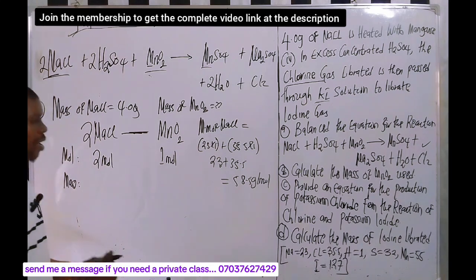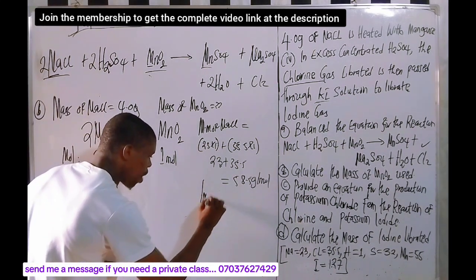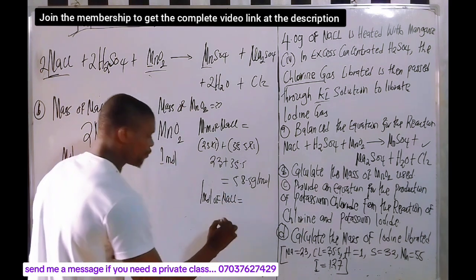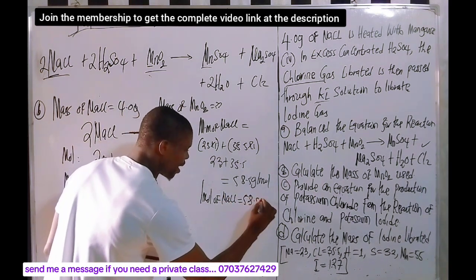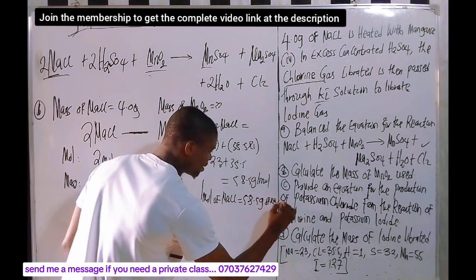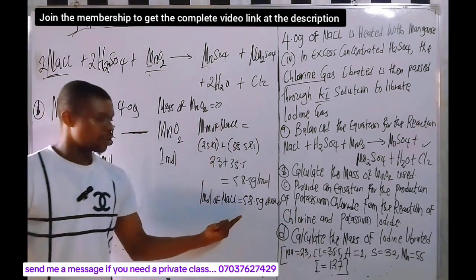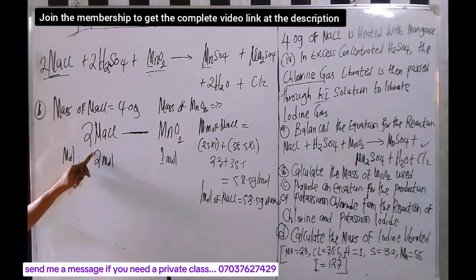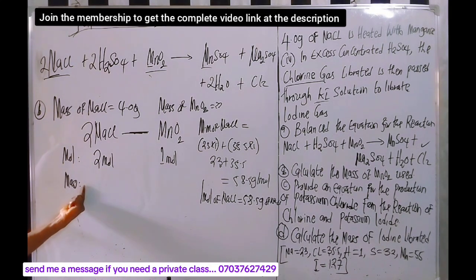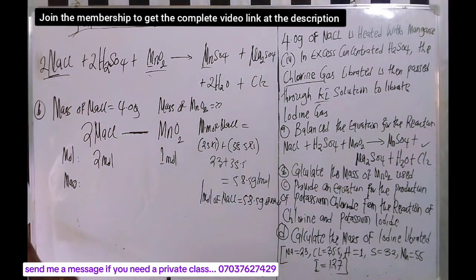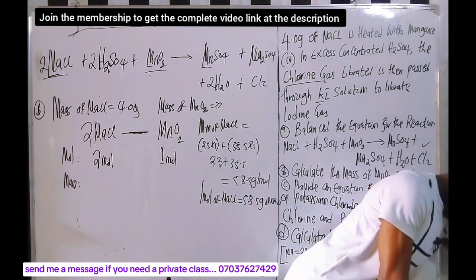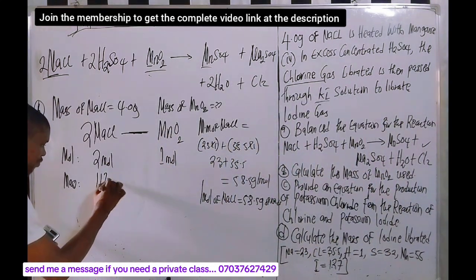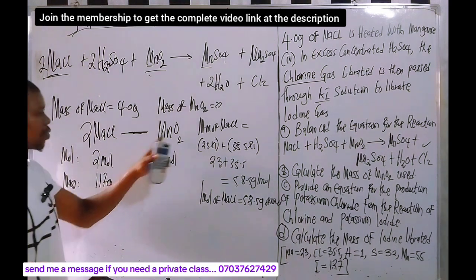It means that for every 1 mole of sodium chloride, I have 58.5 gram of NaCl. Since we have 2 moles, the mass is 2 times 58.5, which is 117 gram.